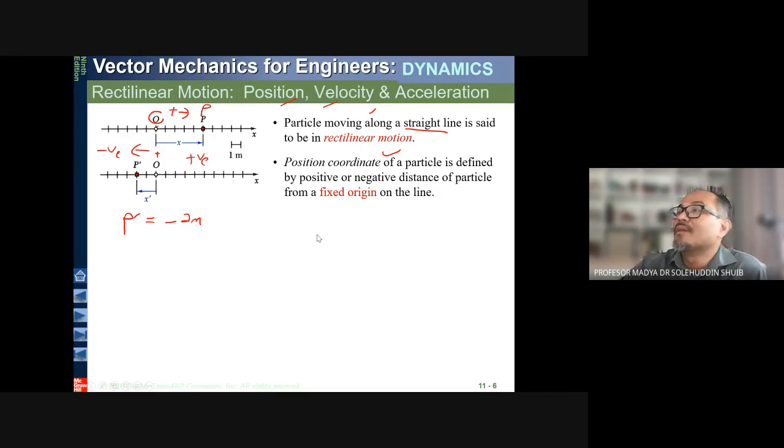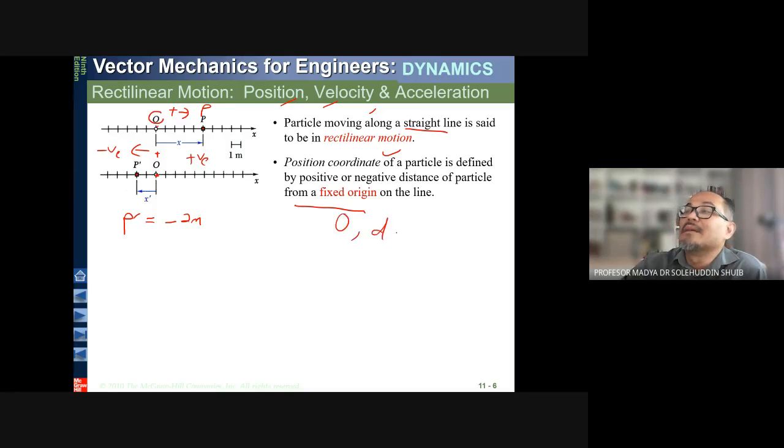Position coordinate, positive or negative. I have mentioned just now the datum. You set the datum; you are the one who will decide the datum. If you decide the datum is here, to the right is positive and to the left is negative, based on a fixed origin.